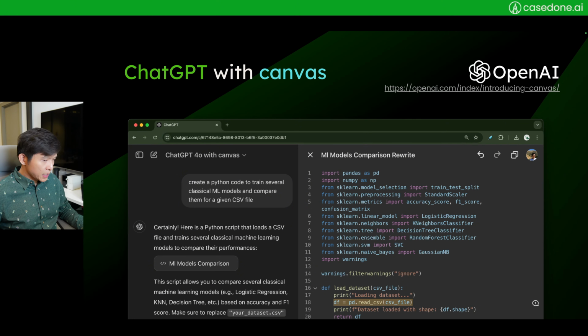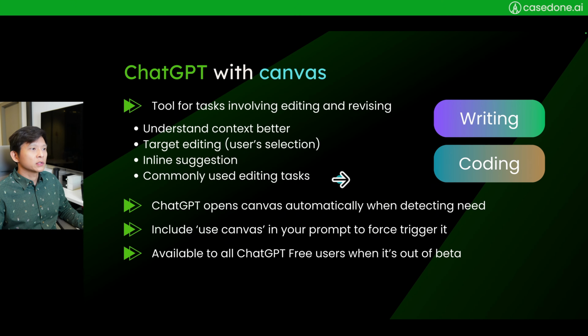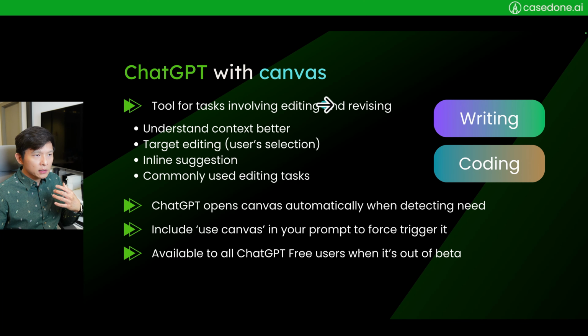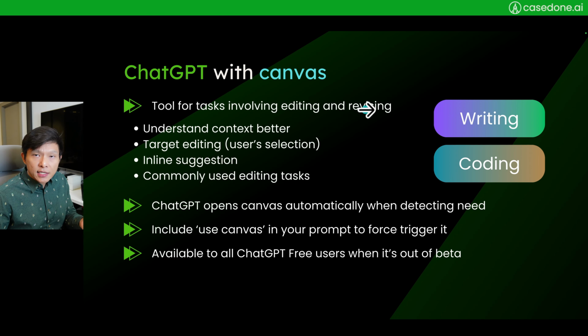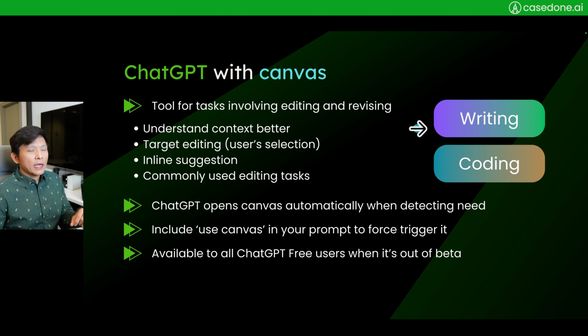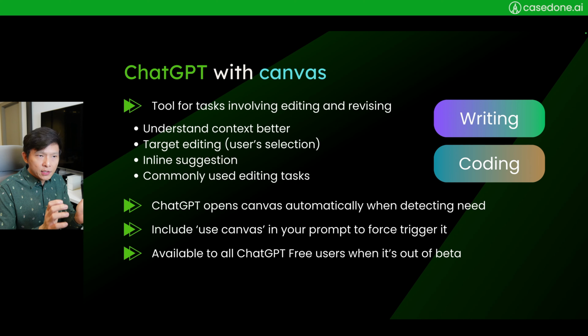And this is what we are focusing on for the first topic. For a quick summary, this tool is for work that needs editing and revising. It helps this kind of work by allowing the model to understand the context better and to edit a specific section of the writing document or the code.